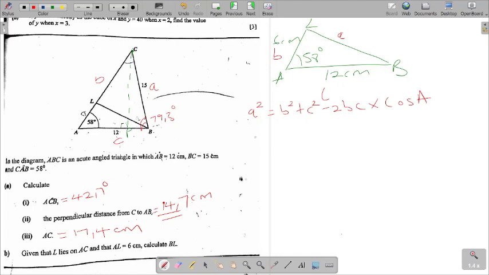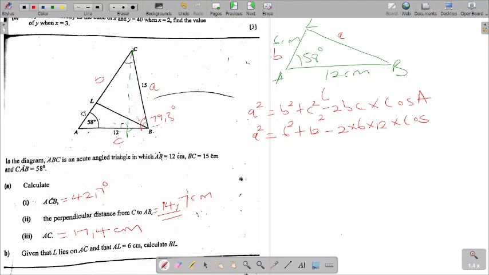So our a squared here is equal to b squared, our side b, which is 6 centimeters. Our c squared, here we don't have c, so we are going to substitute c with L. So our L is 12 centimeters, minus 2 times 6 times 12 times cos 58.